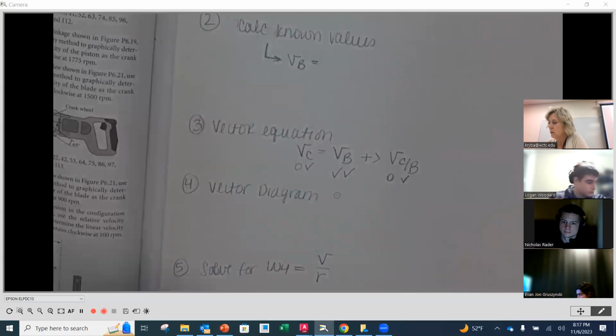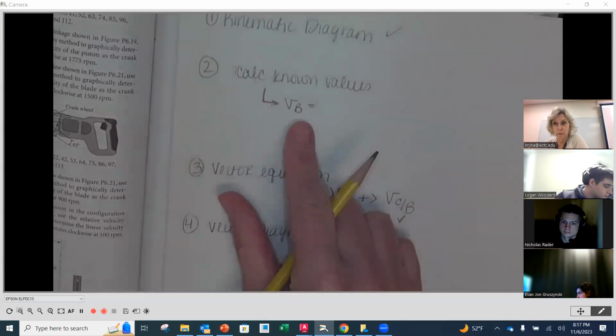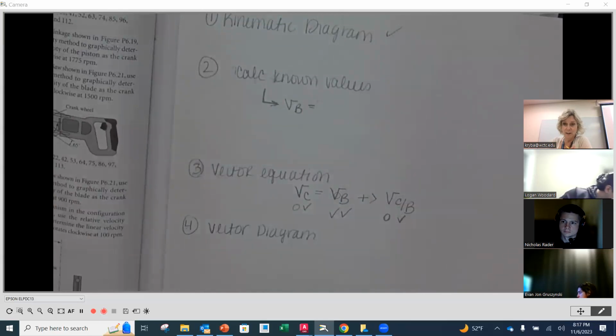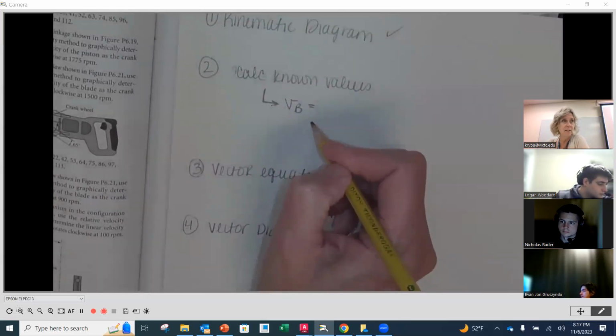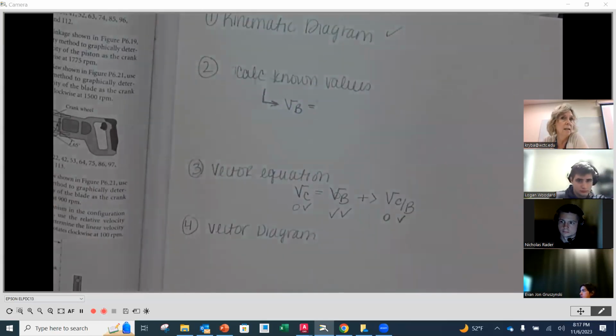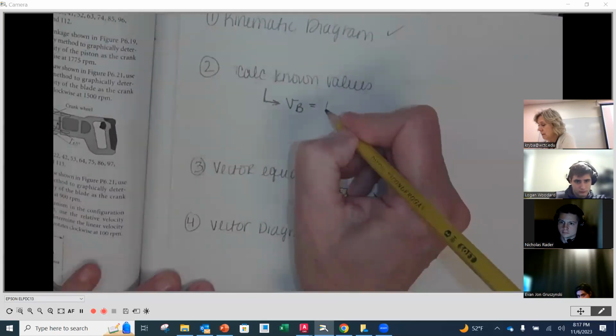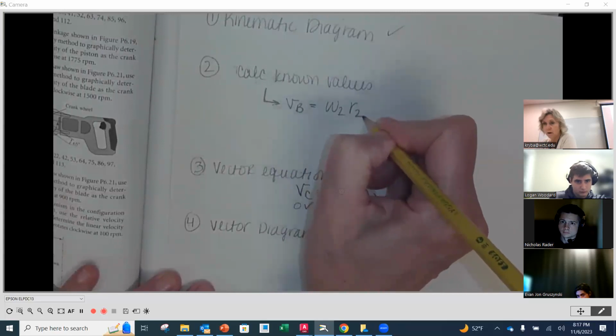So our job right now, before we can do anything in our vector equation, is to calculate the magnitude of the velocity of B. The magnitude of the velocity of B is going to be W2 times R2.